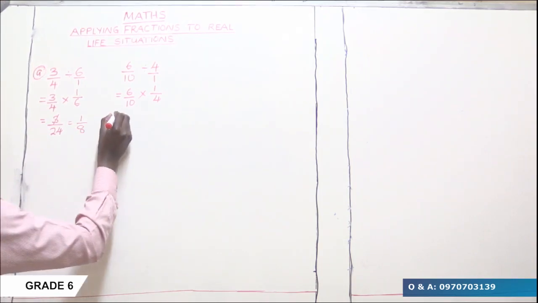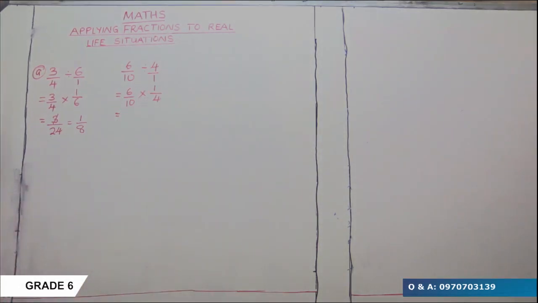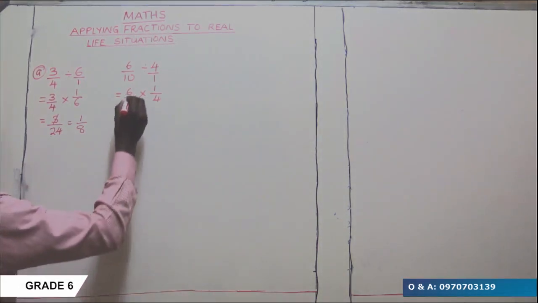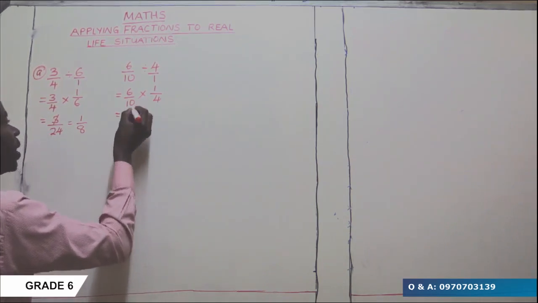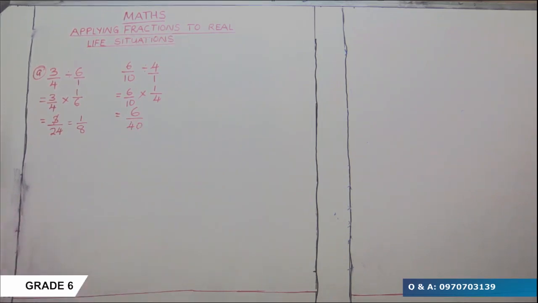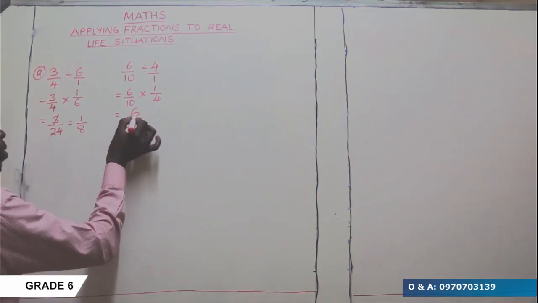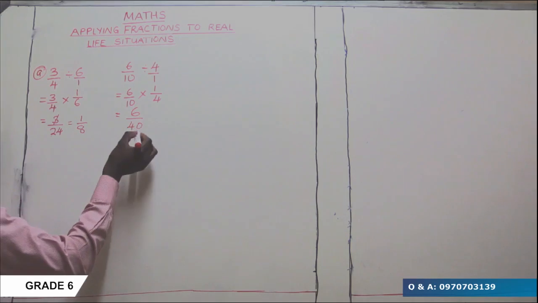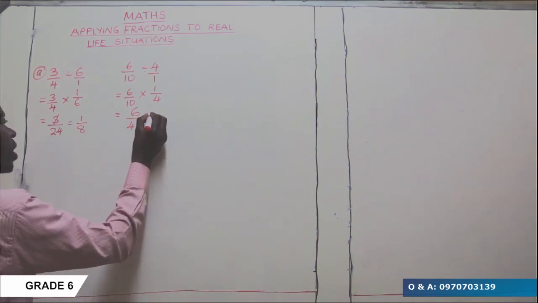From there you can multiply the numerators on their own and the denominators on their own. So 6 times 1, the answer is 6, and 10 times 4, the answer is 40. Then we can divide, because there's a number that can go into 6 and into 40, and that number is 2.